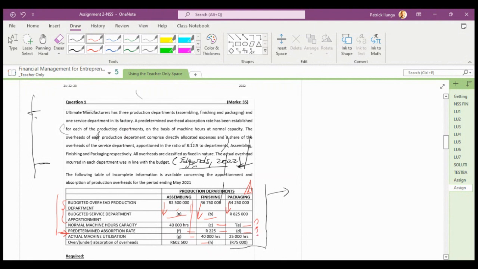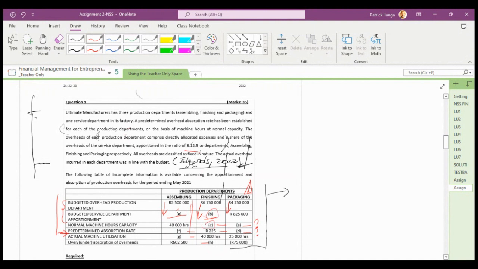So you have two unknowns, contrary to the rest. The rest here, you have one unknown. B is relatively easy to solve, because you are given here the apportionment.